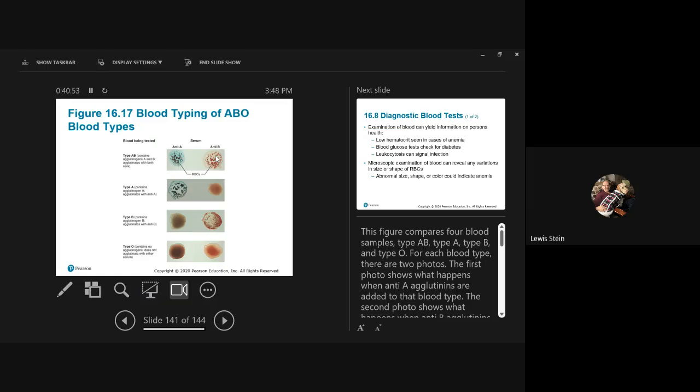Where's anti-D? I'll find it. The anti-D is really the one that's the rate determining step. They've done 3x5 cards. Please have the anti-D.